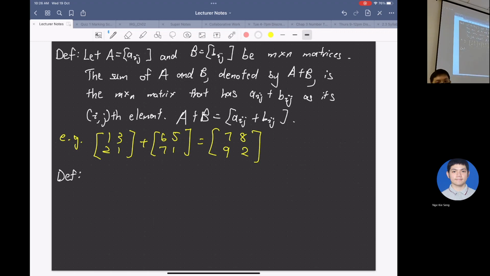When we multiply them together, there's a condition on the sizes.